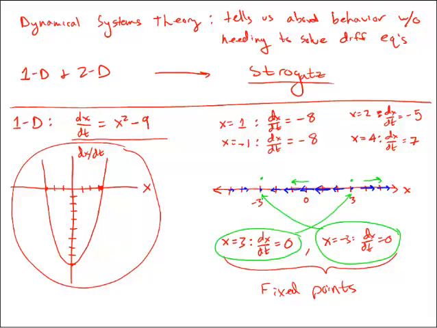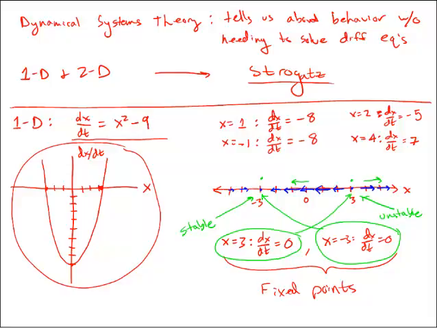The last thing we can do to describe our system is to classify those fixed points. And our two main classes are stable and unstable. And so can you guess which of these fixed points is stable and which is unstable? Hopefully you guessed that -3 was stable and that +3 was unstable. Now, how do we know that?